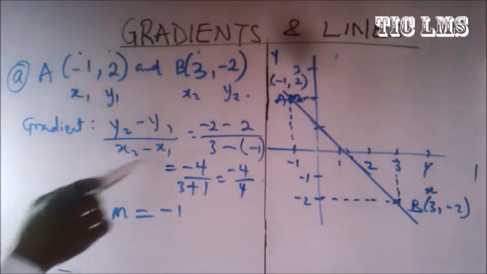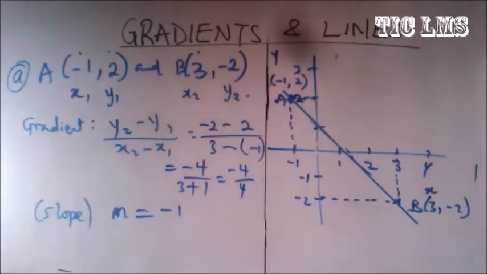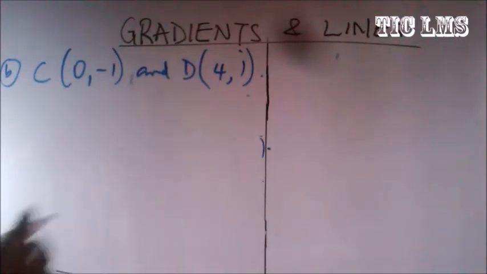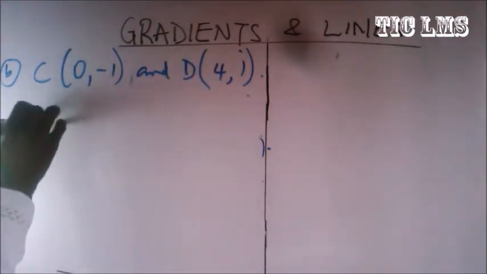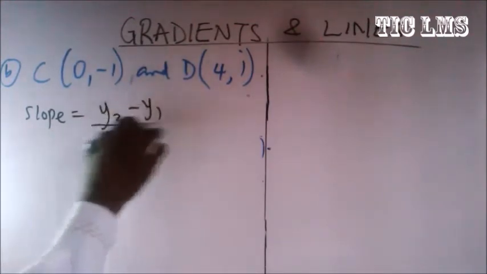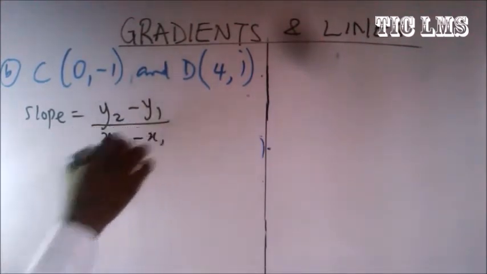And that is the slope, which is m, is equal to -1. And so we are going to make use of this particular equation more. So let's take a look at this. We have to find the gradient of the line joining these 2 points. So straight away we could solve this without drawing on the graph by saying that slope equals y2 minus y1 over x2 minus x1.